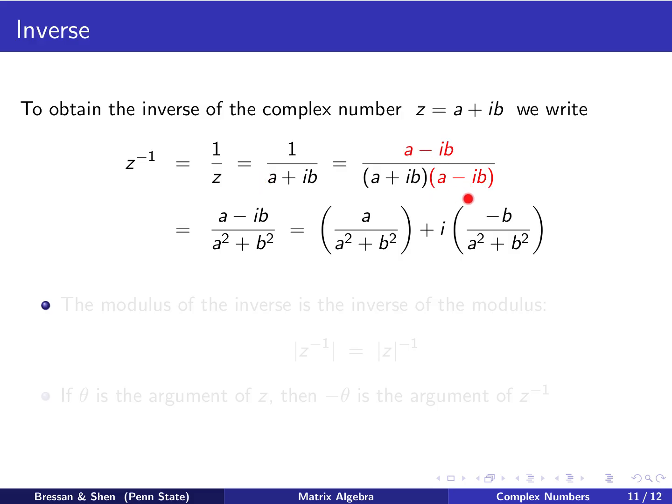The numerator is kept, and the denominator becomes a square minus i square b square, and i square is -1, so you get a square plus b square, which is a real number. So the real part is a over this denominator, and the imaginary part, you take out the i, and you get -b over that number.